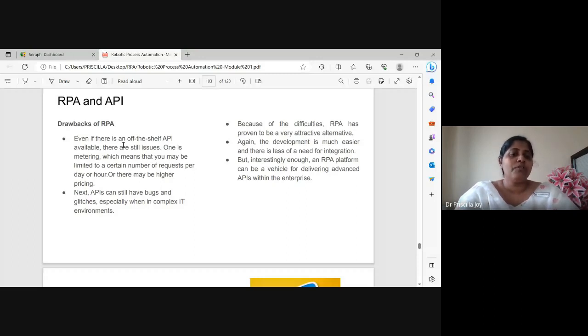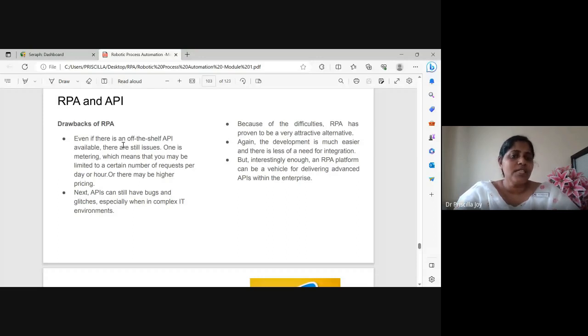So if we're using an API, then for a particular time, an hour, they are not charging, or else they'll be charging a small amount of money. But when it exceeds a certain limit, they'll be charging some higher amount. So higher pricing might be one of the drawbacks when we go with this RPA concept.